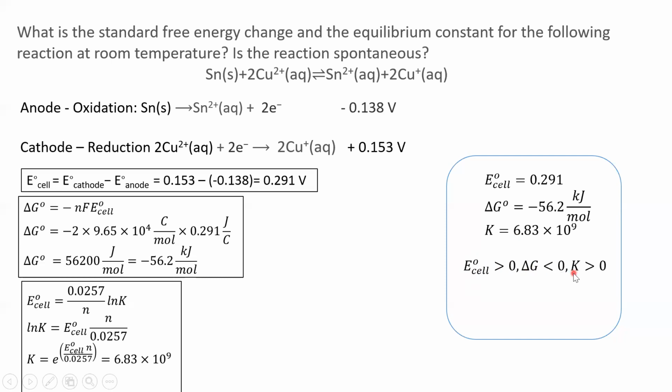And K is bigger than 1. That means this reaction is spontaneous under standard conditions. Again, standard conditions being 1 molar concentrations, 25 degrees Celsius, and if we were talking about gases, 1 atm for gases. There are no gases in this one.